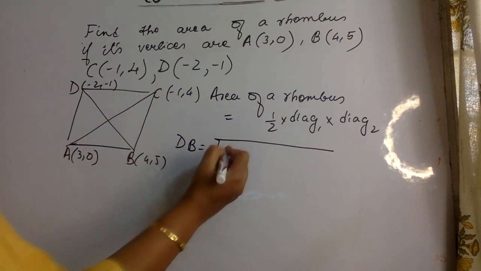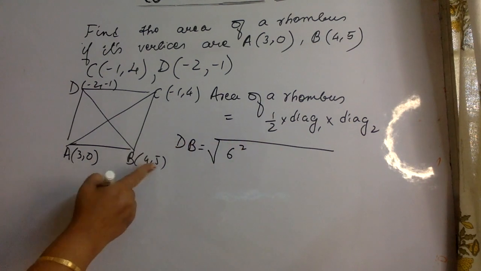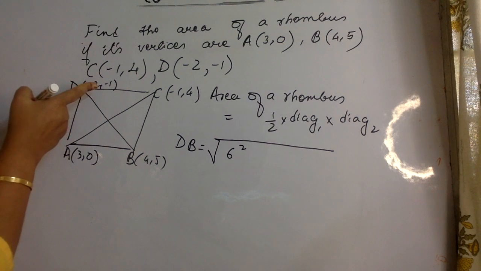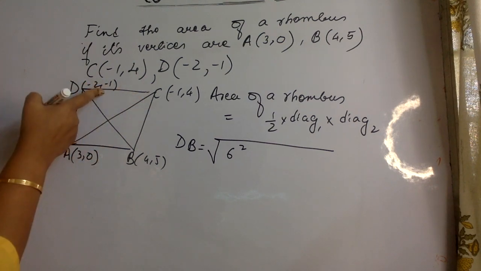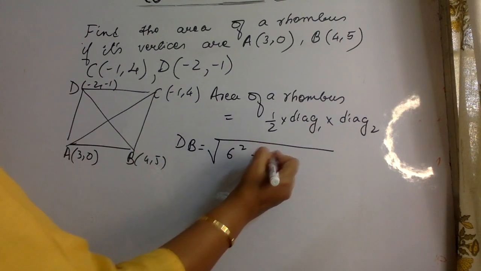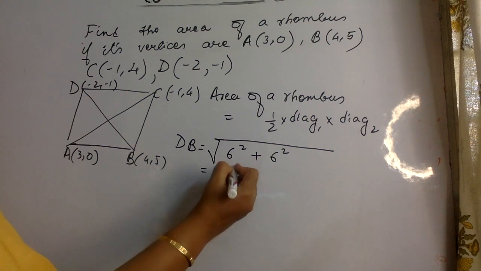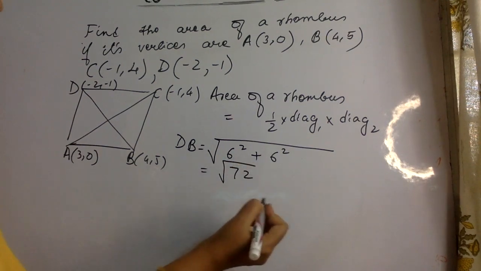So that is 4 plus 2, which is 6 square. 5 minus of -1, so that makes it again 6. 6 square. So it is 36 plus 36, 72, root 72.